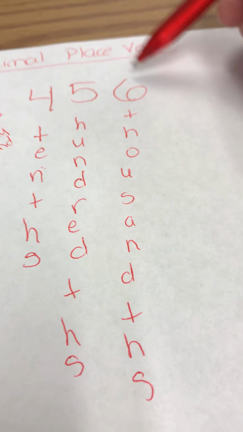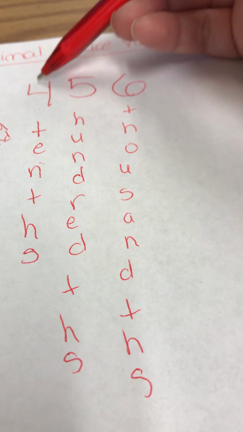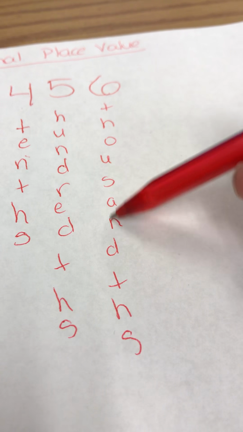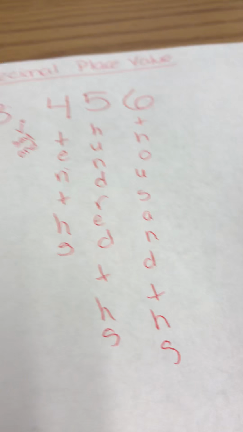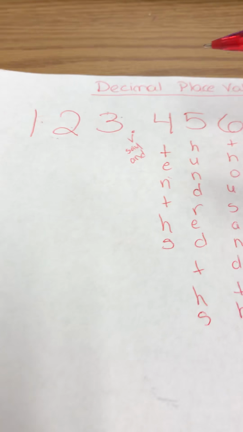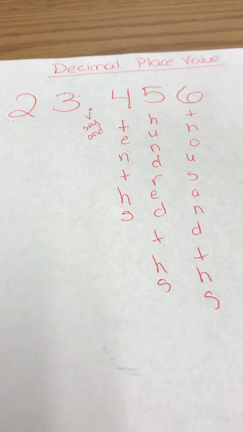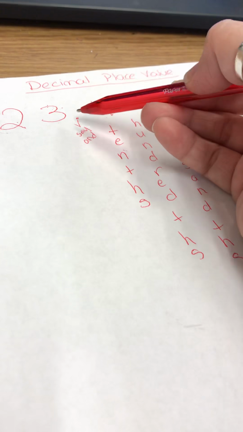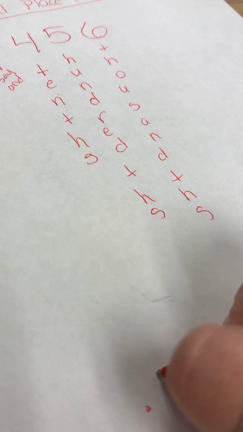Then we're going to read this number as if it was a whole number, 456. And then whatever place the last digit is in, you add that word to the end. So this number would be 123 and 456 thousandths.